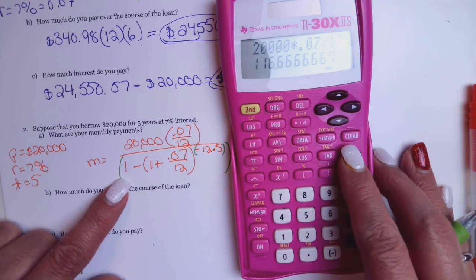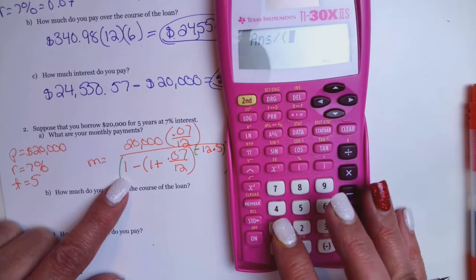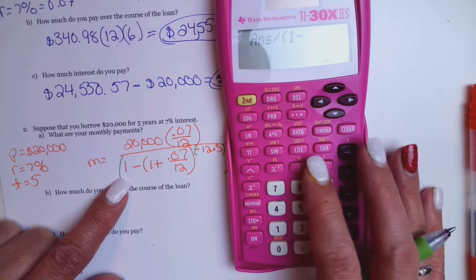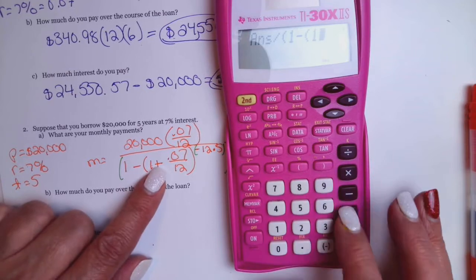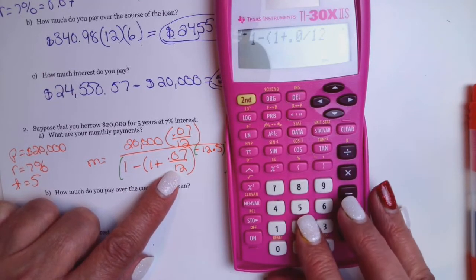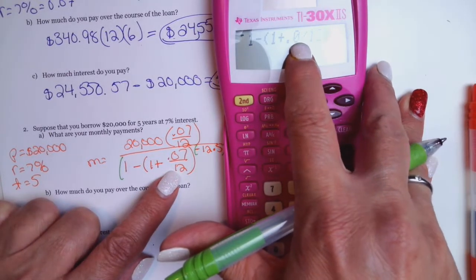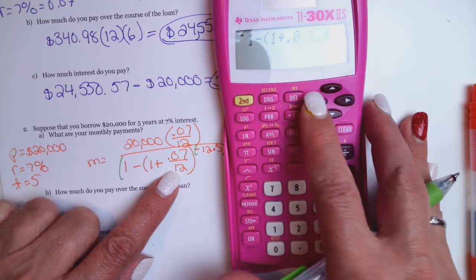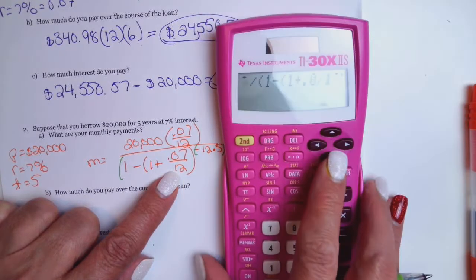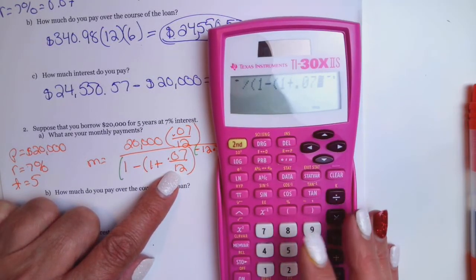Now I'm going to go to the bottom. Divided by, open parentheses, 1 minus, open another set, 1 plus 0.07 divided by 12. Oops, notice this is going to be a syntax error because I did not type in 0.07 divided by 12, so I'm going back.